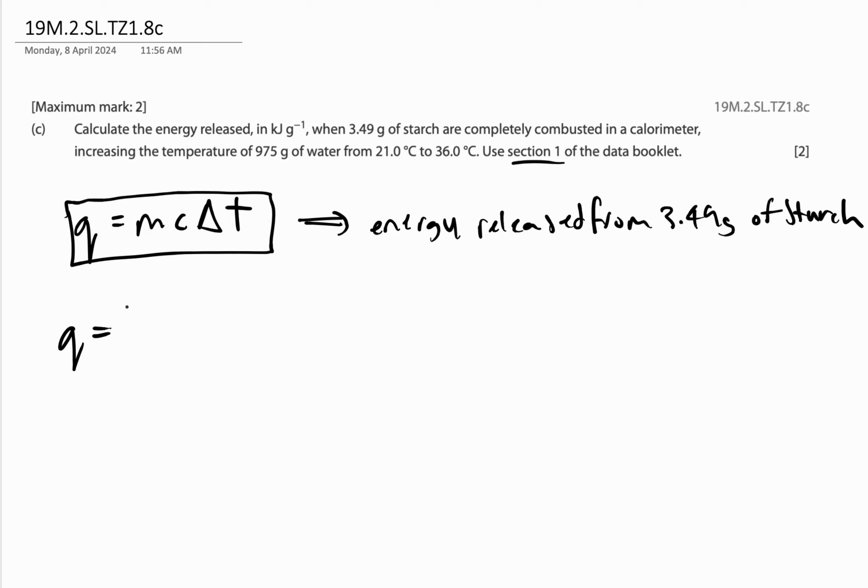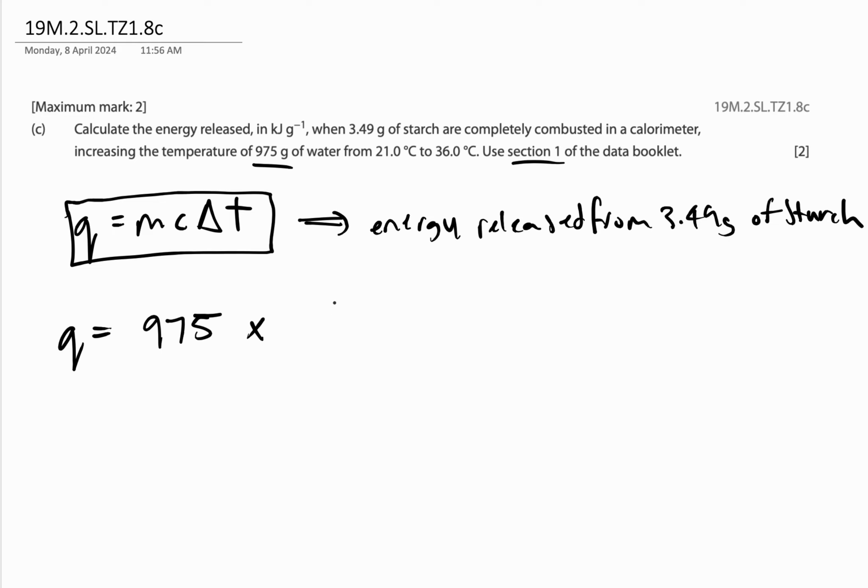Q is equal to M, which is in grams, and all our variables are in grams, so it's fine. And M is the mass of water. We're calculating the heat evolved from the water, the energy released from the water. So we're taking the mass of the water, which is 975, times the heat capacity of water, which is 4.18 joules per Kelvin.